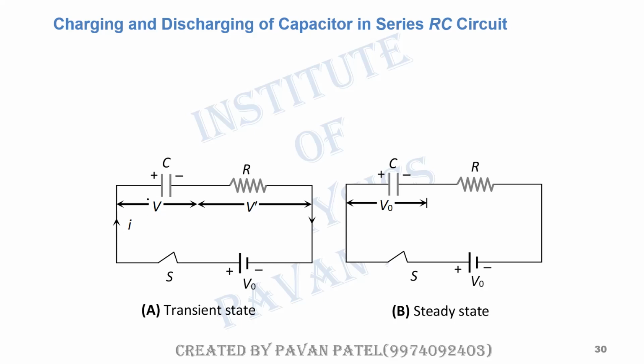Just listen very carefully. As soon as we switch on, the capacitor will start charging. Charge will flow from the positive terminal to this plate and negative charge will flow to the other plate. But remember that positive charge will never flow, so technically electrons will flow.